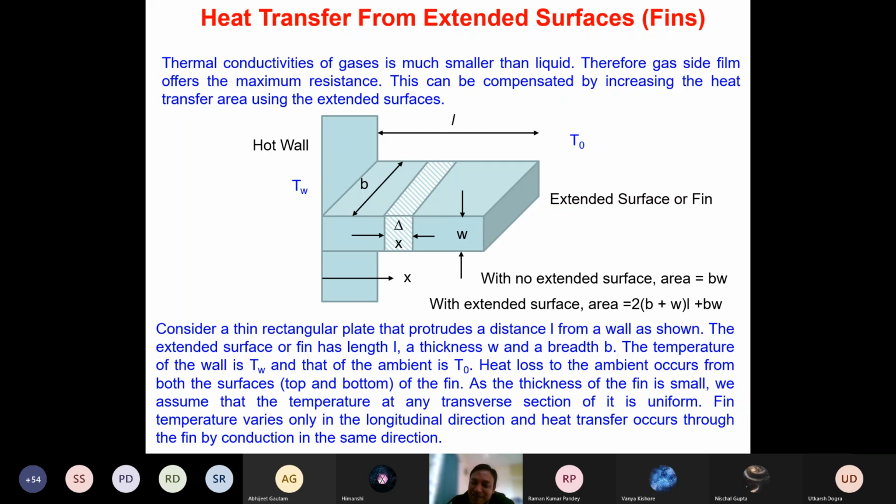Do you agree? Yes, sir. So that means the length of the fin should be maximum till the point where my longitudinal temperature here becomes T naught, because temperature is going to decrease as I move along the longitudinal direction.